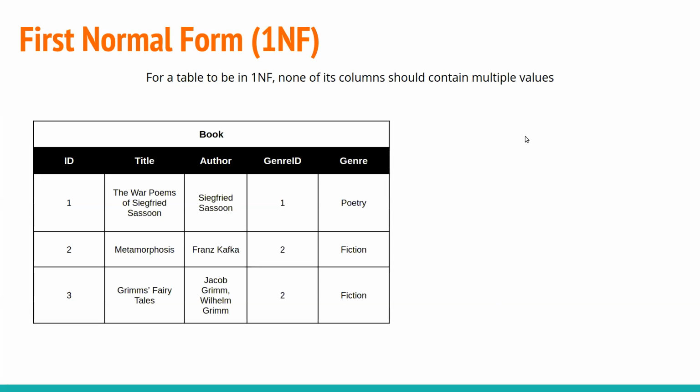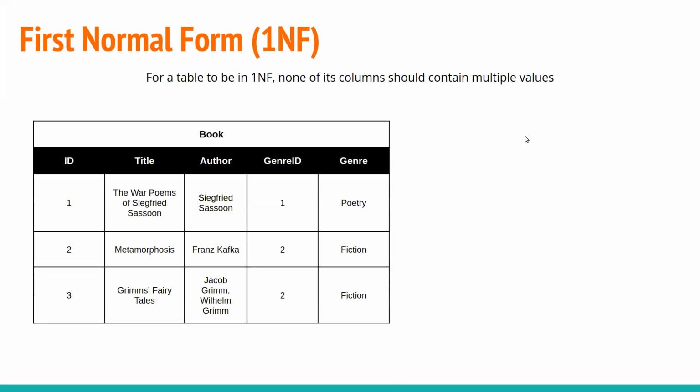Each field is just one number. Genre looks okay as well, because it's just poetry. That's one entry, one value, one string: poetry. Fiction, that's one string. Fiction, that's one string.